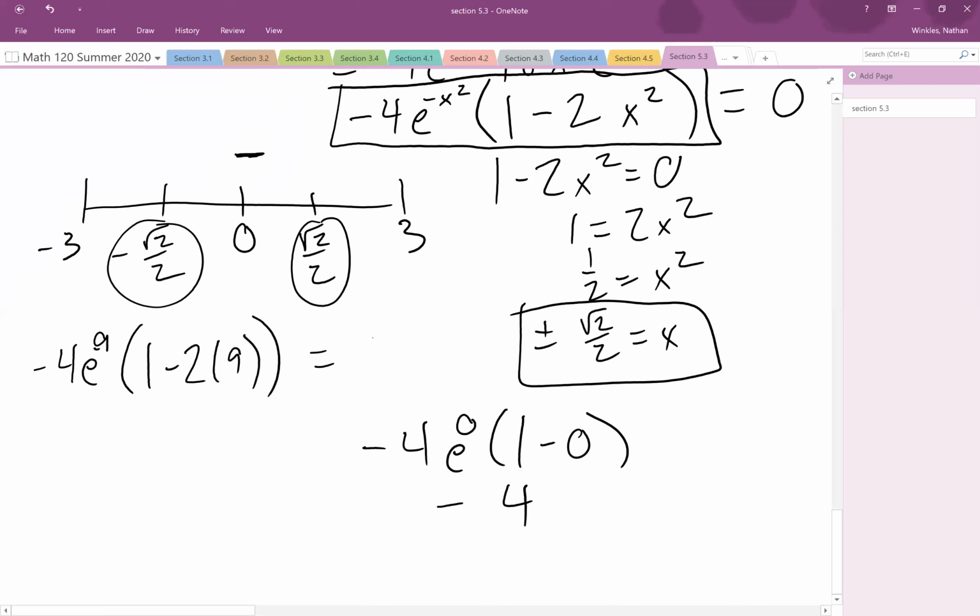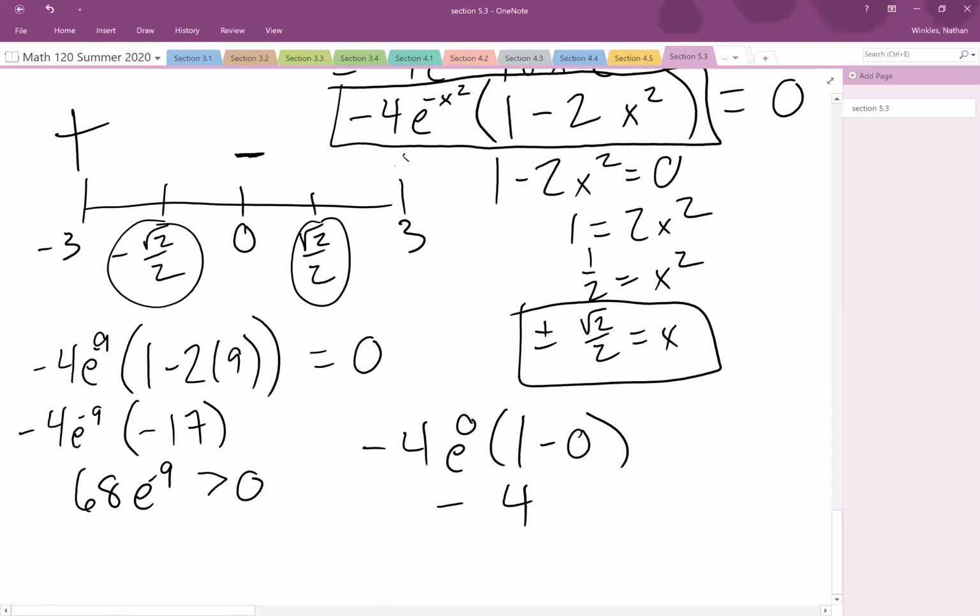For both of these, it does not matter. So you get negative 4e to the negative 9th times 1 minus 18 is negative 17. So you get 68e to the minus 9th, which is greater than 0, so plus and plus.